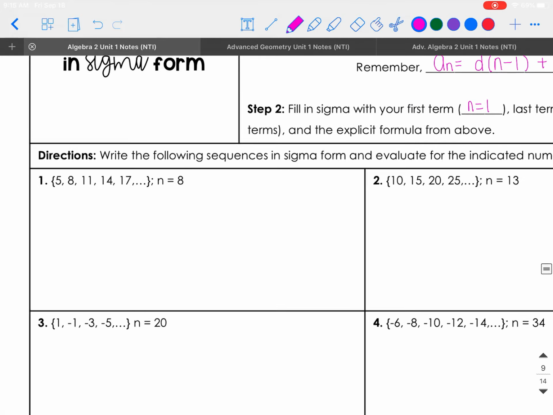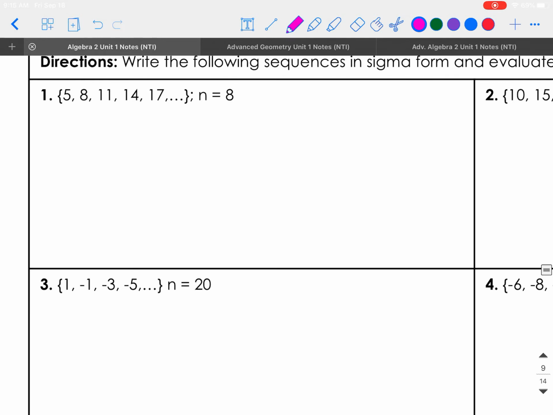So question number 1, we have the sequence 5, 8, 11, 14, 17. You want to look at those numbers and figure out: is it arithmetic, is it geometric, and what are we adding or multiplying by? Since this whole lesson is about arithmetic series, they're all going to be arithmetic.